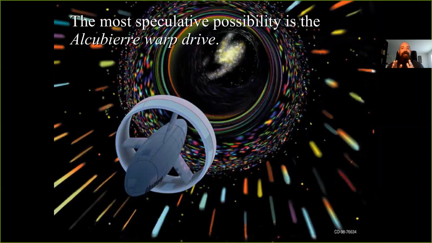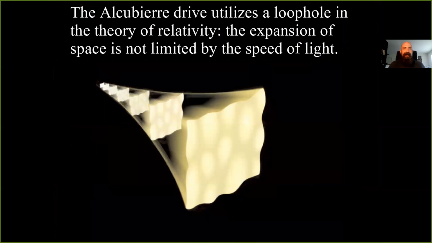And by far the best option, and the most sci-fi of all of the options, is the Alcubierre warp drive. And this sounds a lot like something from Star Trek, because that's effectively what it is. So the Alcubierre drive utilizes this little loophole in physics.